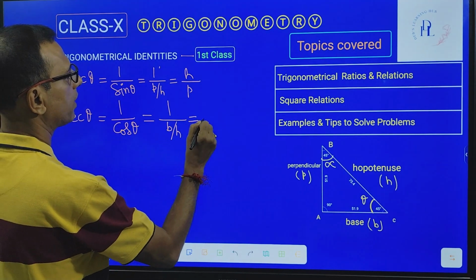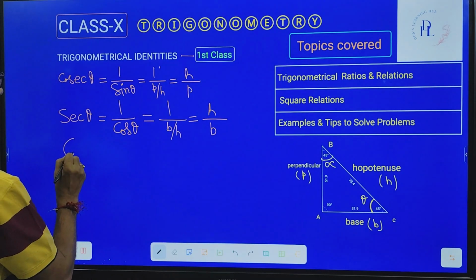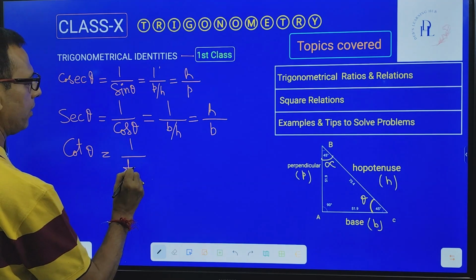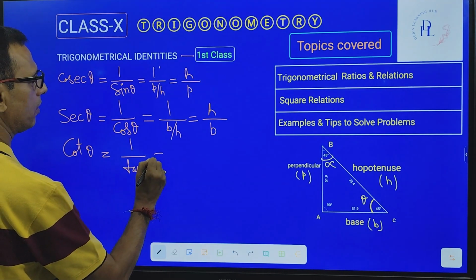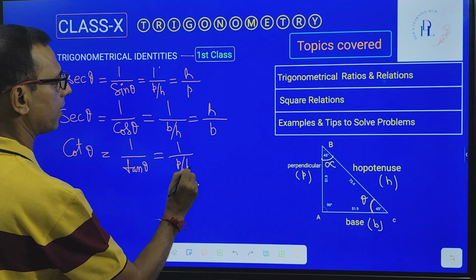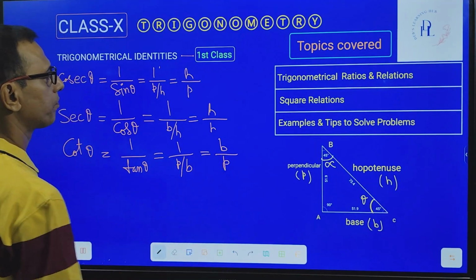That means sec theta equals hypotenuse by base. What is cot theta? Cot theta equals 1 by tan theta, that is 1 by perpendicular by base. That means cot theta will be base by perpendicular.